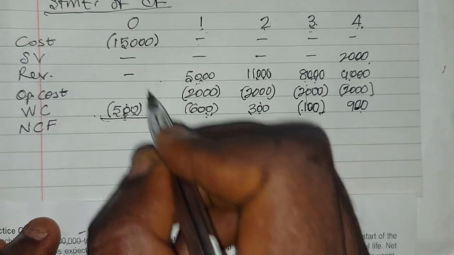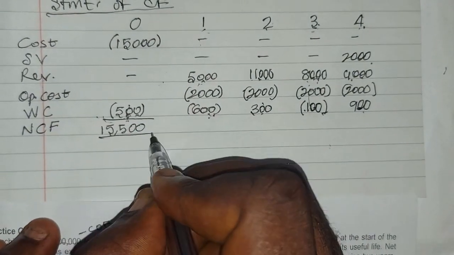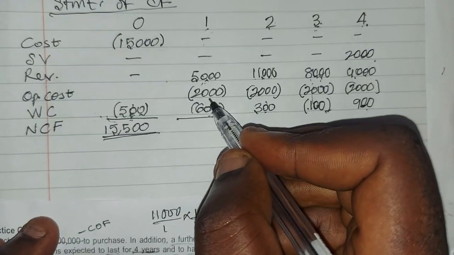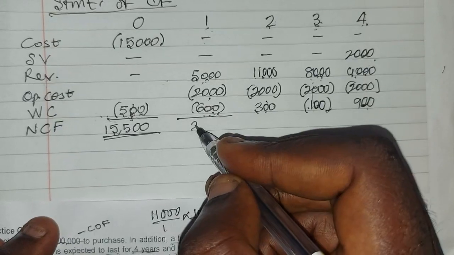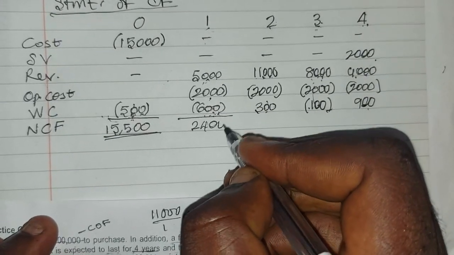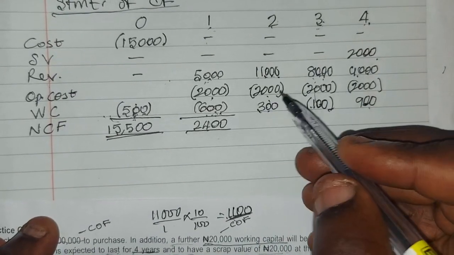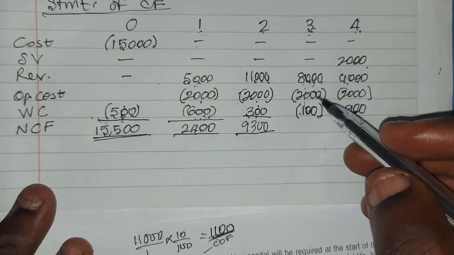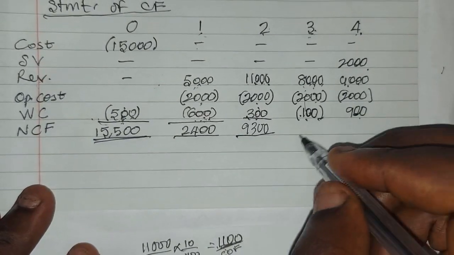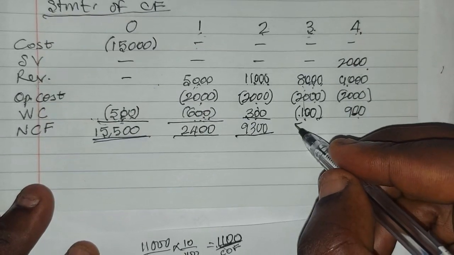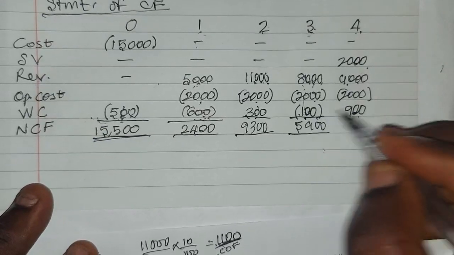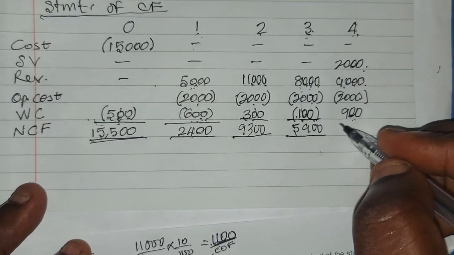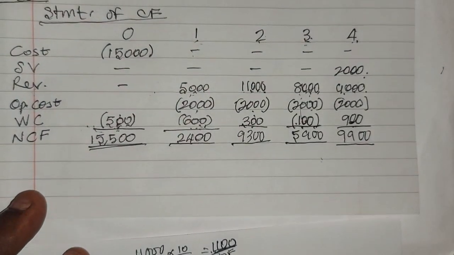Net cash flow therefore will be 15,500 for year 0. Year 1: 3,000 minus 500 minus 2,000 gives 2,400. Year 2: 11,000 minus 2,000 is 9,000, minus 600 gives 8,400, which is about 9,300 as stated. Year 3: 8,000 minus 2,000 minus 600 minus 100 gives the next figure. Year 4: 9,000 minus 2,000 plus 900 plus the scrap value. That's all.